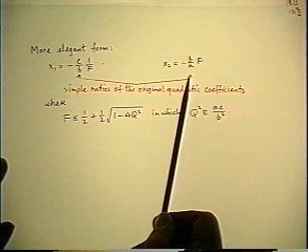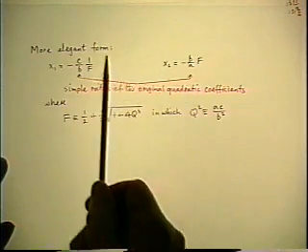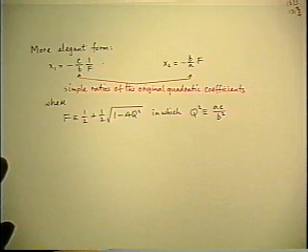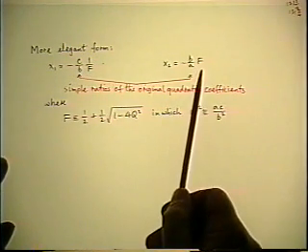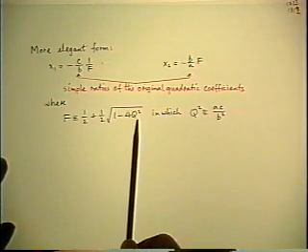Now, wouldn't it be nice if f was 1? When you remember that a, b, c are complicated combinations of circuit elements, well, what possible values can f have? Here's the definition of f.